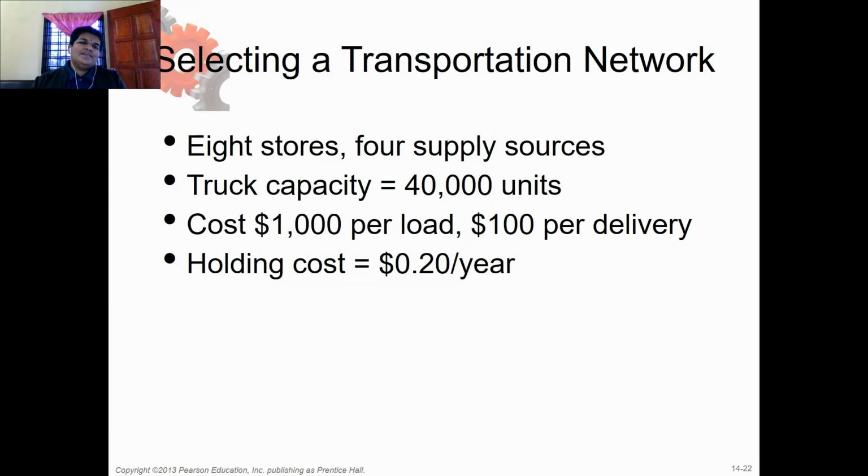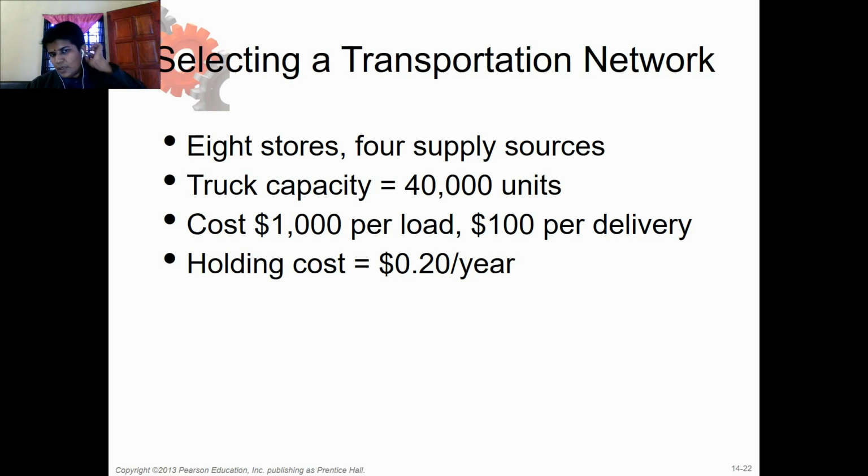Okay, again, so there is a formula. Okay, there are 8 stores and 4 supply sources. So the truck capacity is 40,000 units. Cost per load is 1,000 US dollars, and sorry, US 100 per delivery.